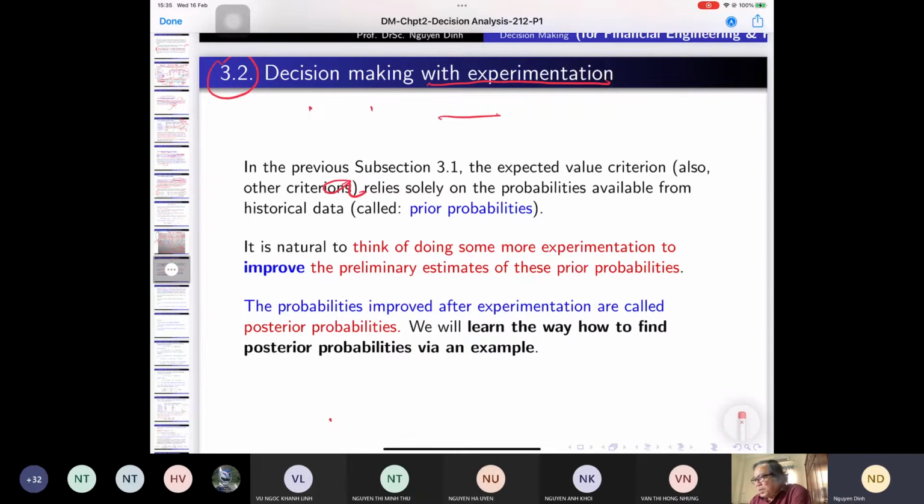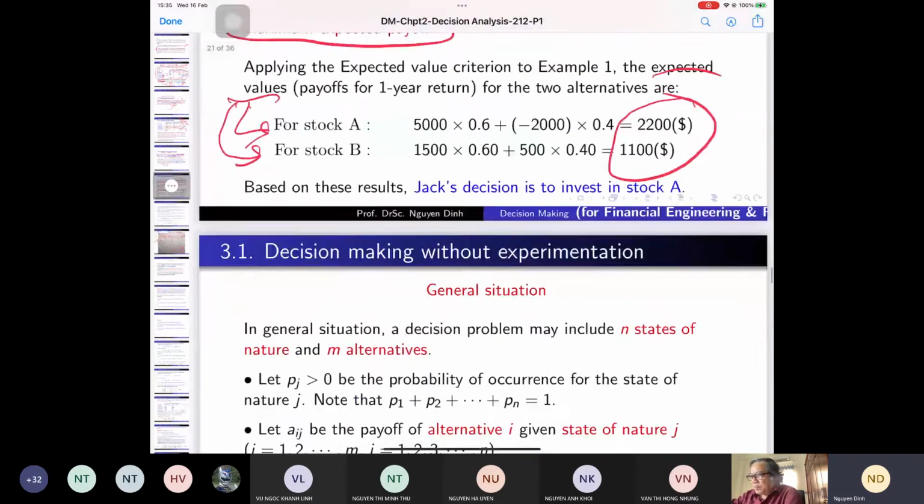In the previous section 3.1, the expected value criterion, also other criteria, relies solely on the probability available from historical data. We call it the prior probability. Prior probability. That means historical data. So what does it mean? You look at the example again.